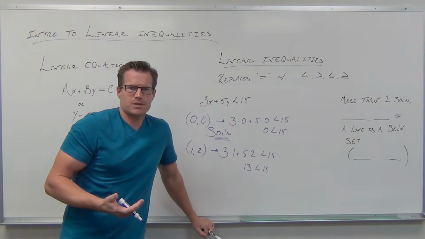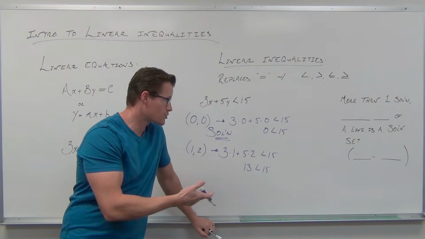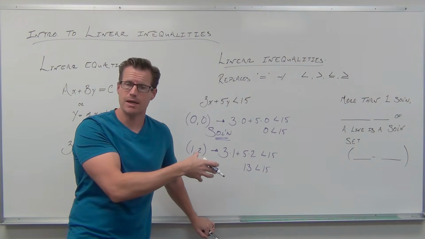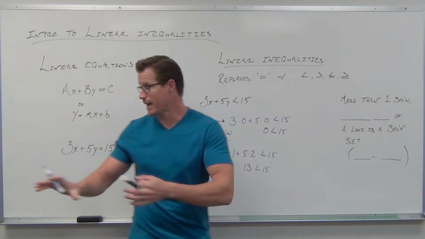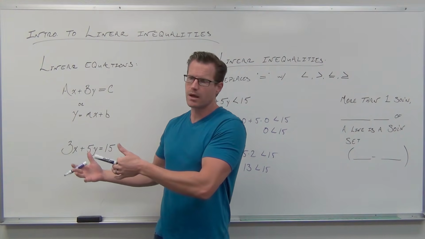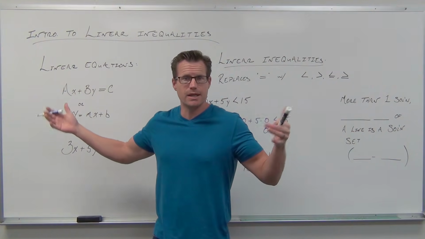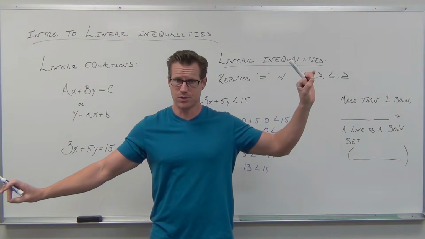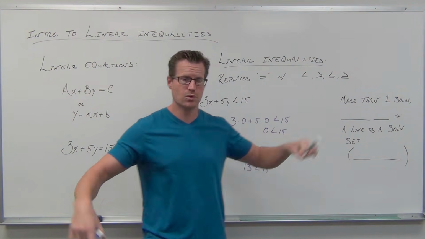We do know that 13 is less than 15. That's true. Any point, any ordered pair that creates a true statement is going to be in the solution set. That's what happened here as well. We tested a whole bunch of points a long time ago. Said, oh yeah, that point worked. Hey, it's in the solution set. It's on the line. Oh wait, that line is the representation of the entire solution set. All the points. Pretty cool.